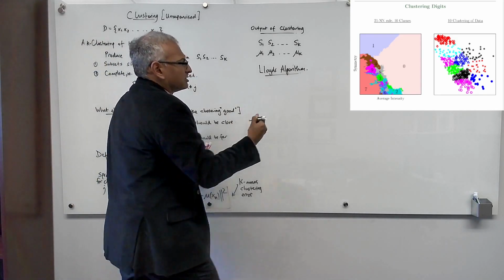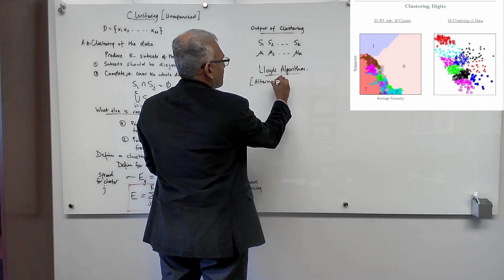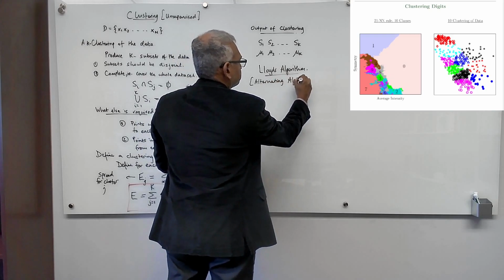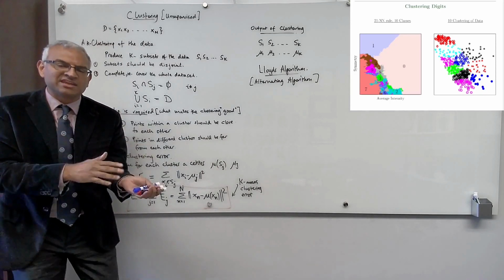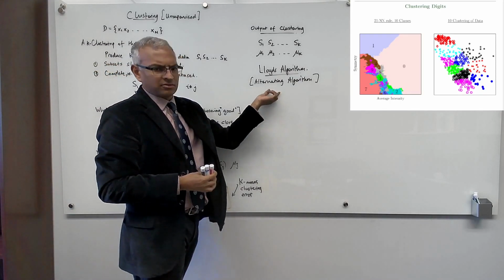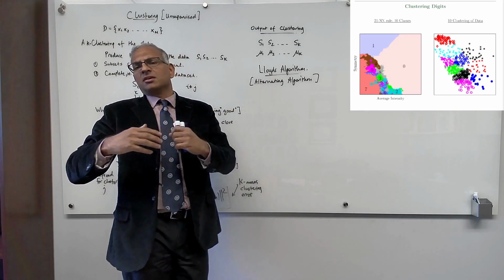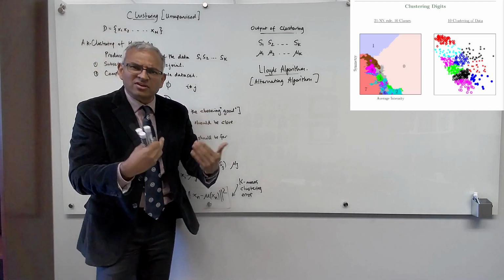Lloyd's algorithm is an example of what's called an alternating algorithm, because it alternates between doing one thing and then another. It actually comes from a family of algorithms. It's a special kind of alternating algorithm, which can be posed as an EM kind of algorithm, but we won't get into those details. Let me show you the algorithm. It's very intuitive.